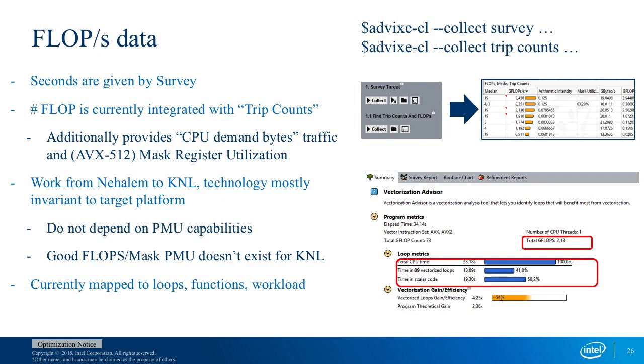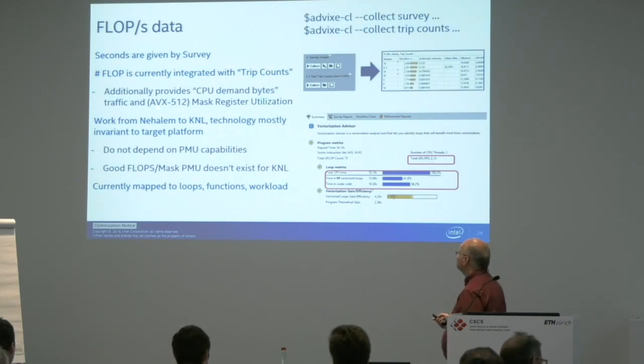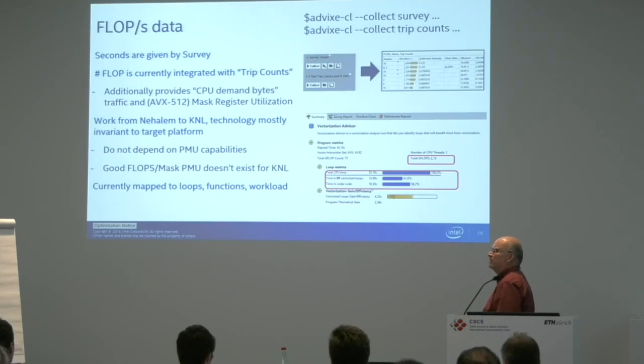The top one is the collect of survey. Next would be the trip count and the flops in a different run. Flops is currently integrated with trip counts. Yeah, it's quite demanding, and we can expect factors of slowdown for the analysis.